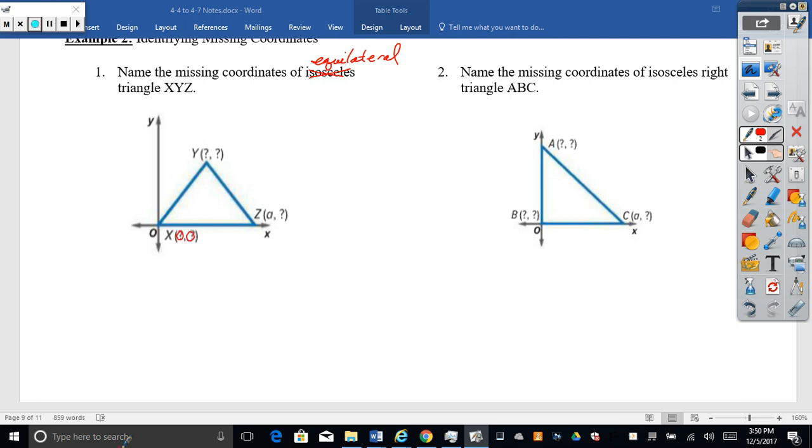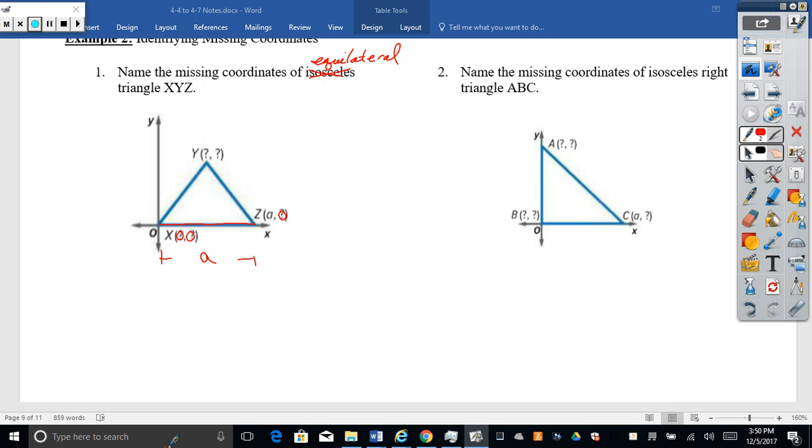That was simple. To get to Z, I'm going to go over A units, so this length is A units long, but we're not going anywhere on the y-axis, so I'm going to do A, 0. So right now, we're almost done. We do have the hardest part of the problem yet, though.